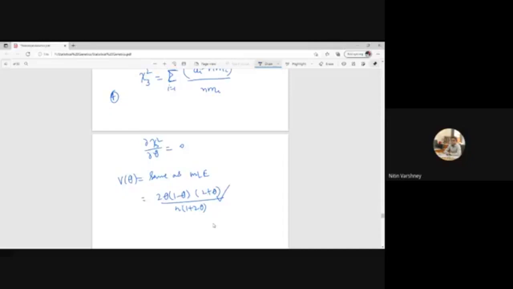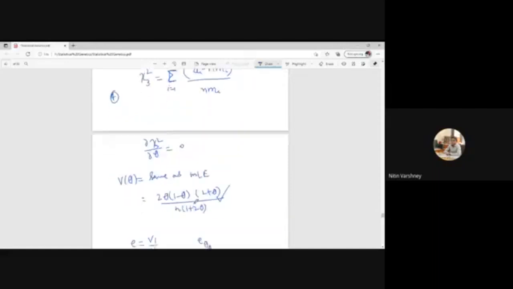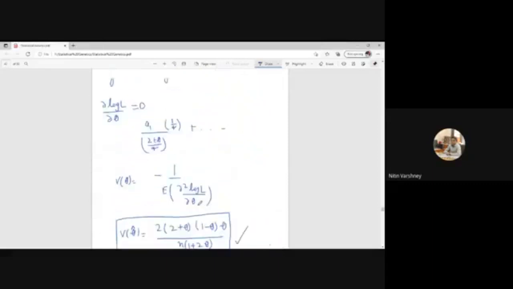Now we have 5 different methods. For efficiency, what do we have to compare for calculating the efficiency of something? Tell me. Variance. Okay, then suppose I want to find the efficiency of any estimator, so we will take the ratio V1 by V2. Suppose I want to find the efficiency of theta 4, that is our fourth method, the minimum chi-square method.